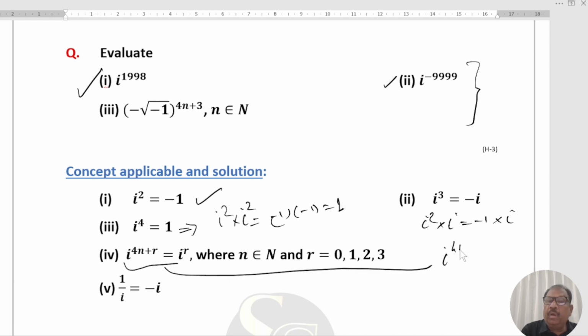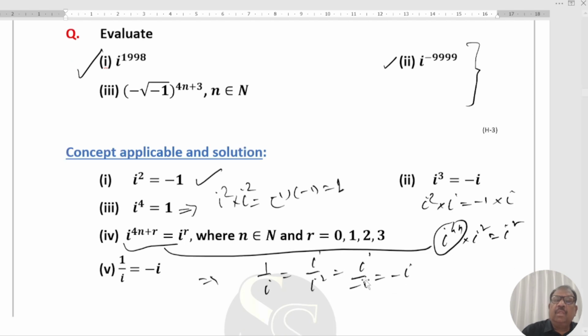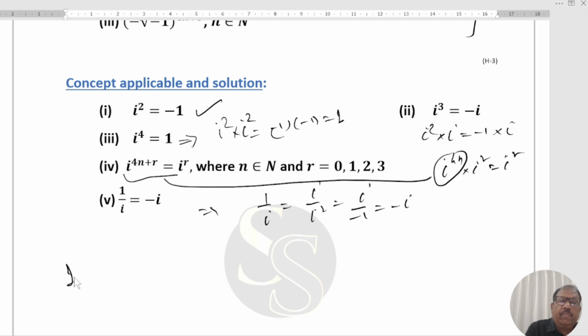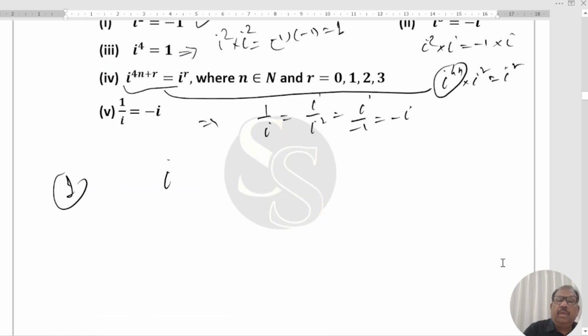So iota to the power 4n into iota to the power r is just iota to the power r. We can take iota to the power minus 1 as 1 upon iota, that is 1 upon iota, and iota to the power minus 2 as 1 upon iota square, that is 1 upon minus 1, that is minus 1. These are the properties. First part: iota to the power 1998.